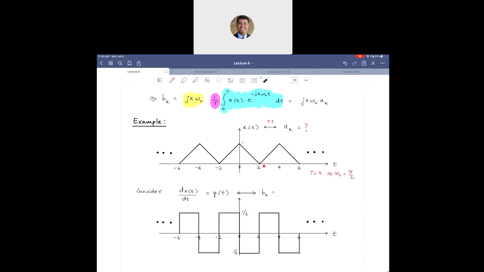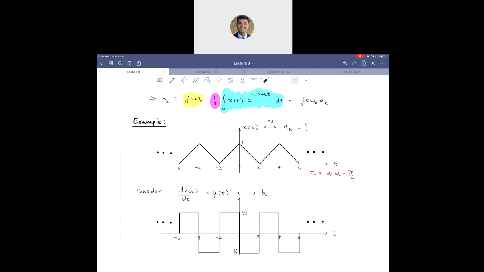It's a triangle. So when I differentiate x of t, what do I have? I get something like this. And when I have a pulse train, I can use all the pulse train based results, 2 T1 divided by T, sinc k omega naught T1, all those standard results for the derivative of x of t.